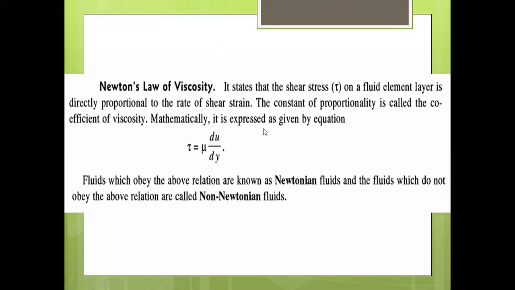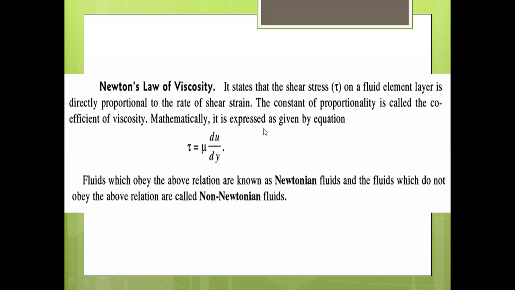The fluids which obey Newton's law of viscosity are called Newtonian fluids, and the fluids which don't obey it are called non-Newtonian fluids. On the next slide, you will see the different types of fluids. These are the two types: the Newtonian fluid and the non-Newtonian fluid.